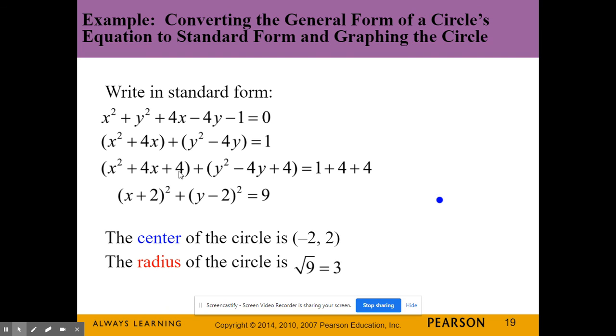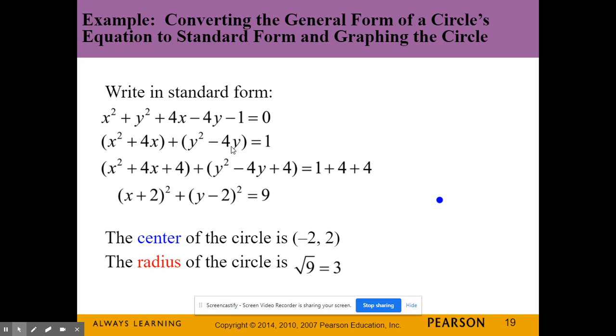You've got to figure out what number is going to turn x squared plus 4x into a perfect square trinomial. In this case, you take the coefficient of the x, divide it by 2, and square it. So if I add 4 to this, I need to make sure I add 4 to the other side.